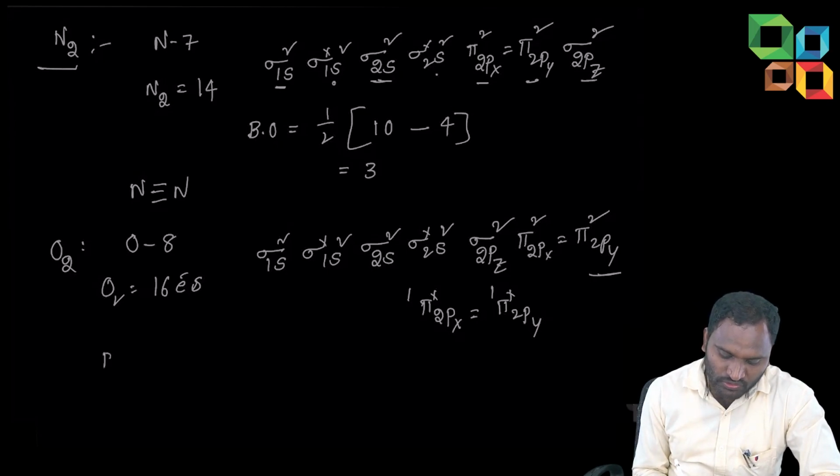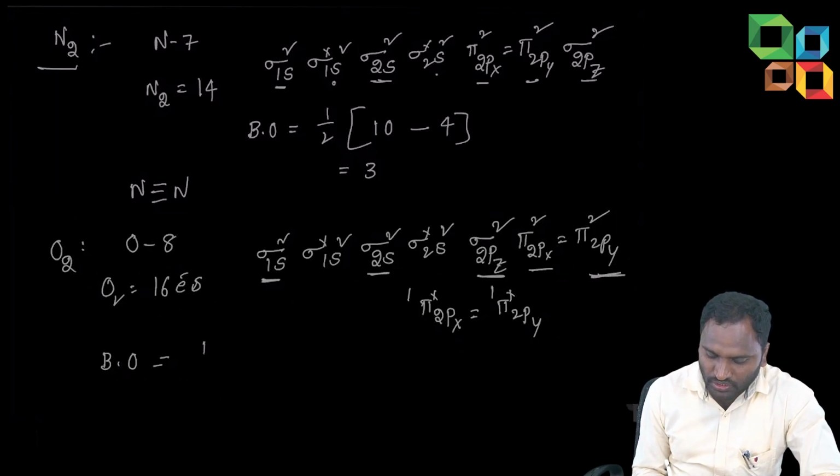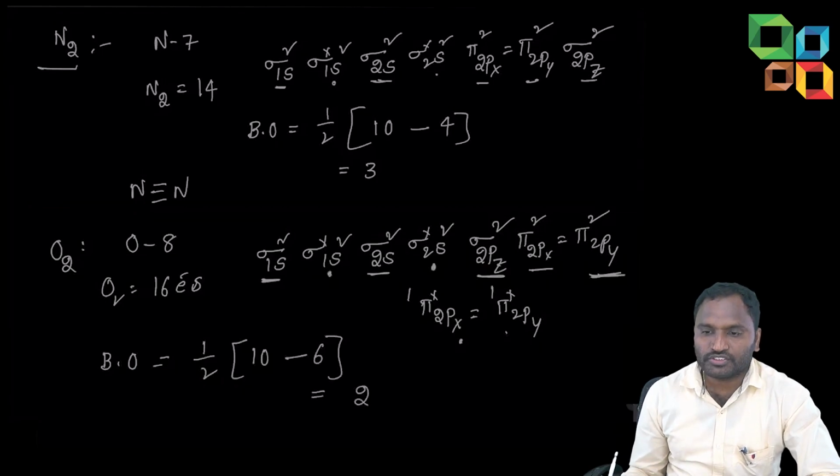Now come to the bond order. Number of bonding 1, 2, 3, 4, 5. Half into 5 2s are 10 minus antibonding 1, 2, 4 electrons. Here 10, here 6. Correct answer. Bond order is 2.